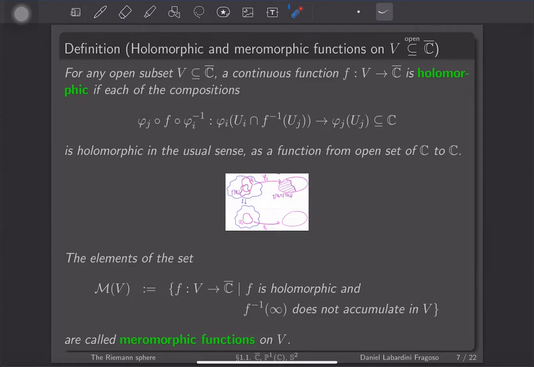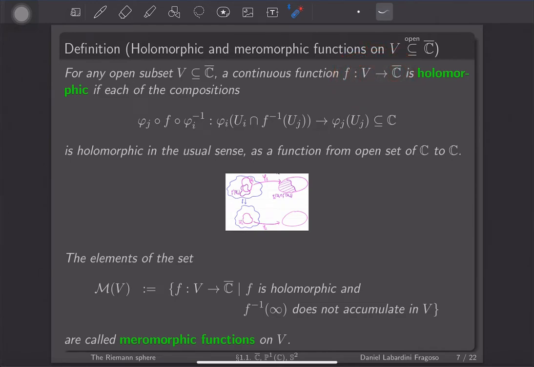Something which turns out to be very important is the notion of when a function going from an open subset of the extended complex plane, again to the extended complex plane, is holomorphic.